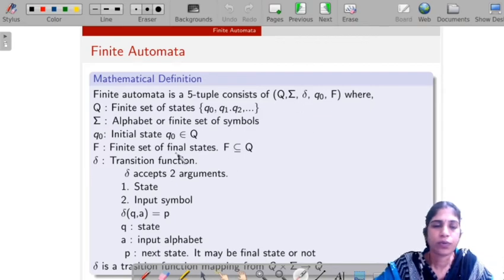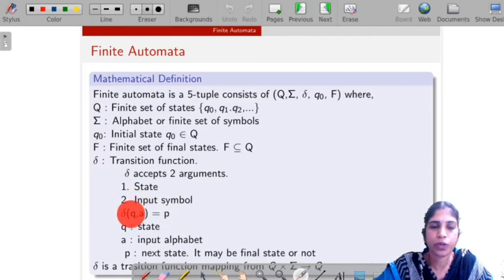Then next one is delta. Delta is the transition function. Okay, it is a function, so it has some arguments. This function accepts 2 arguments. First argument is the state and second argument is the input symbol. That means we can write it as delta of Q comma A is equal to P. That means it generates an output.